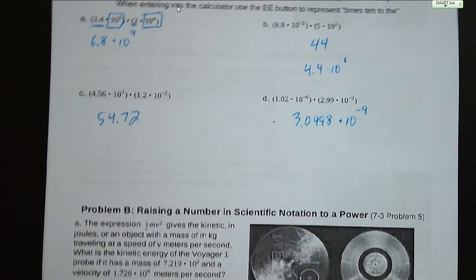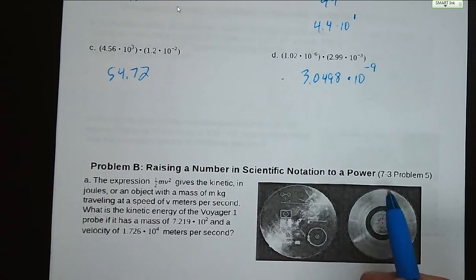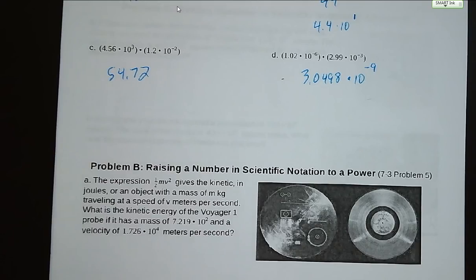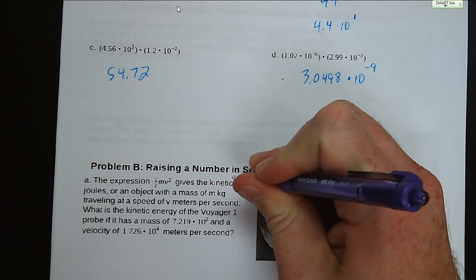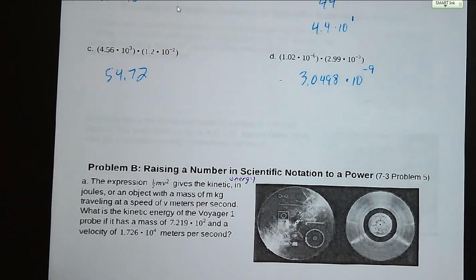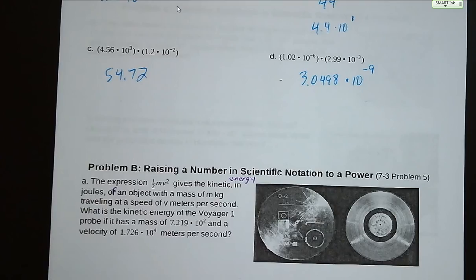All right. Problem B, raising a number in scientific notation to a power. This comes from lesson 7.3, problem number 5 in the textbook. We've got the expression 1/2 mv squared, which gives the kinetic energy in joules of an object with a mass m of m kilograms traveling at a speed of v meters per second.